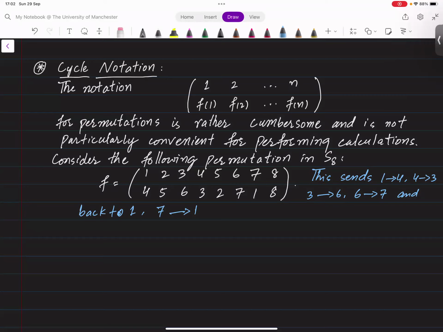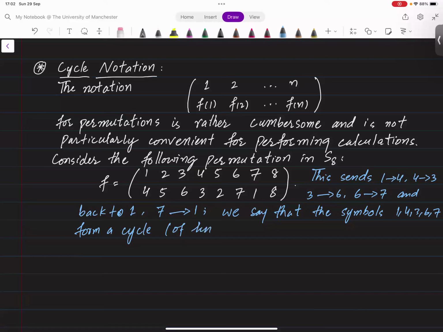So we say that the symbols 1, 4, 3, 6, 7 form a cycle of length 5.